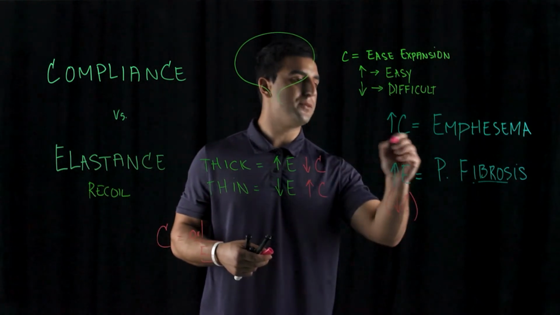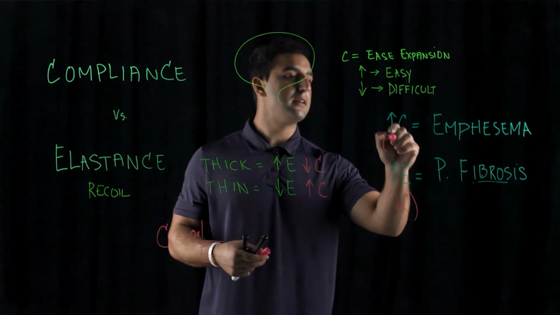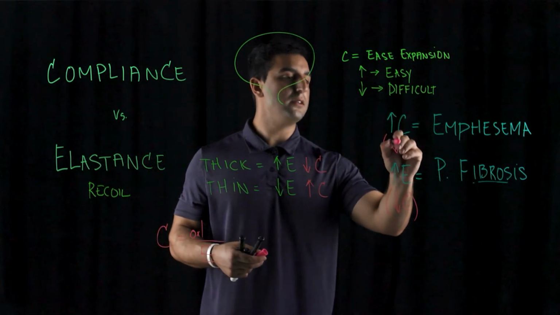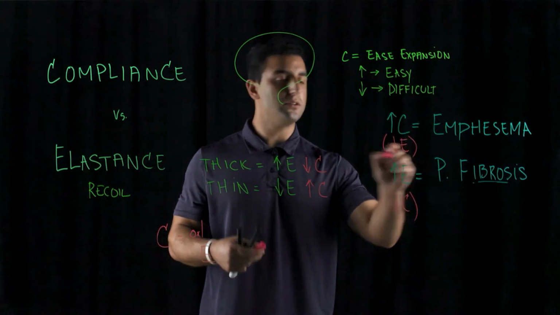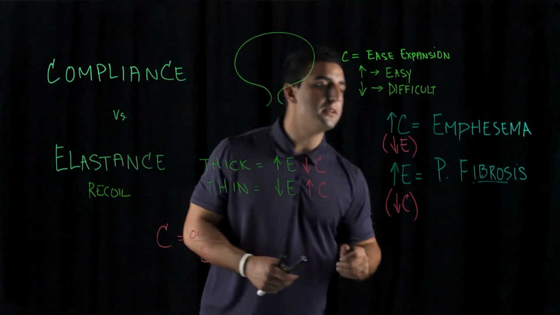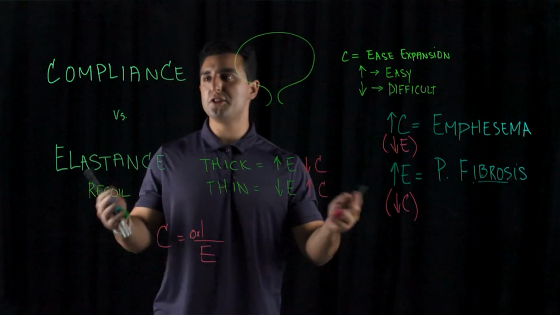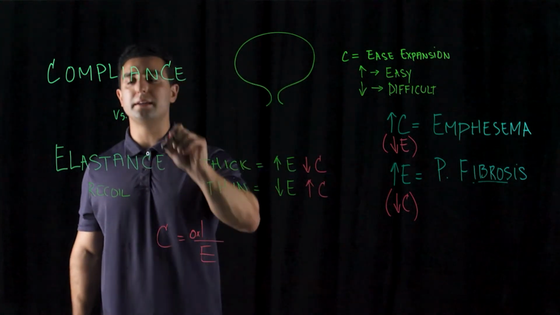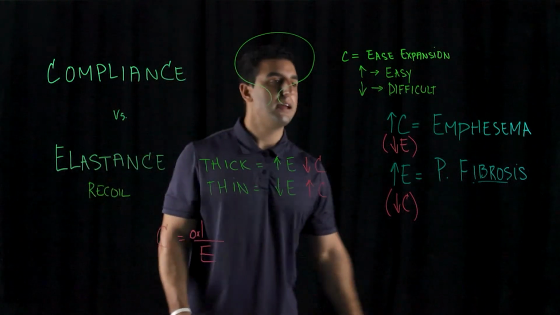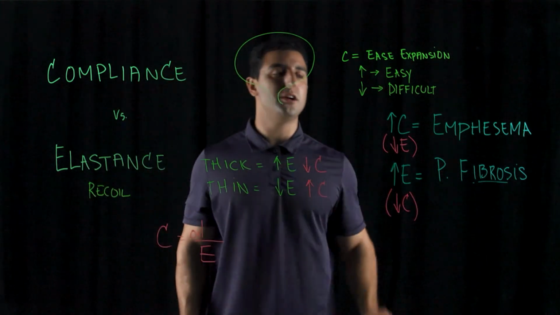Vice versa, with emphysema, they have high compliance but very low elastance, so the recoil for emphysema is very low. This is just a general comparison of compliance and elastance and how they're related to certain pathological conditions.